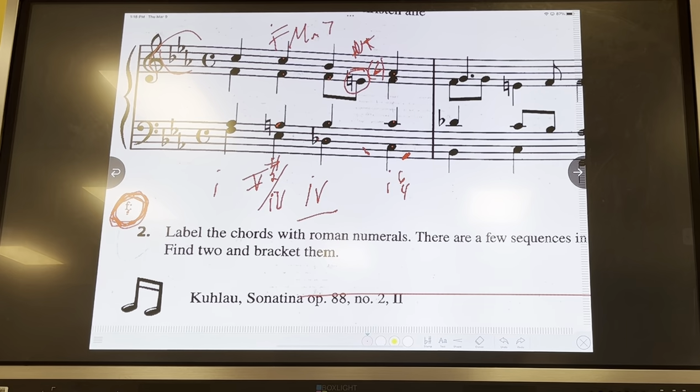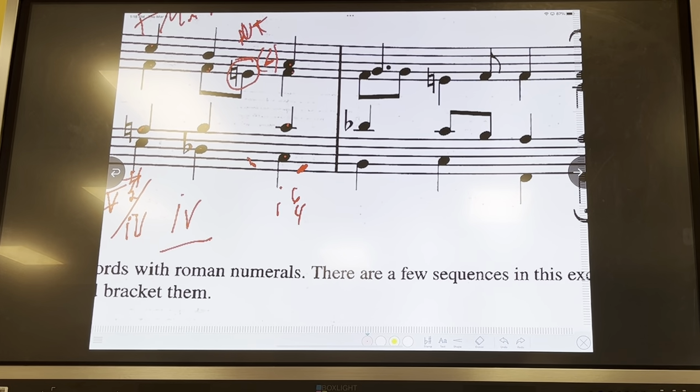Yep, okay? Next chord, what do we got? B flat, D flat, F, and what else? And G, so what's the root of that chord? G, so it's a G, B flat, D, is it D flat? Yeah, D flat, thank you, and F, right, so what is that chord? Oh, it's a diminished.